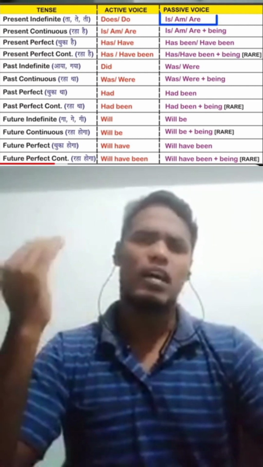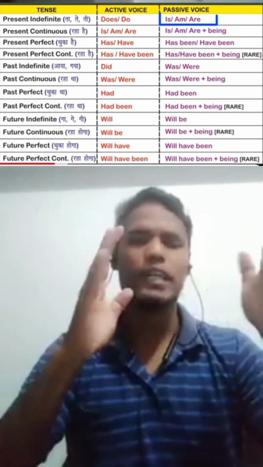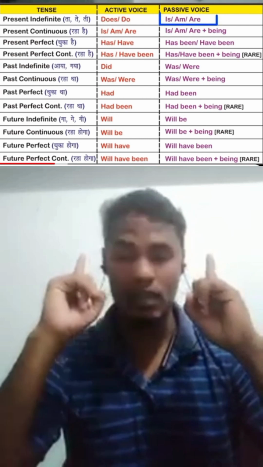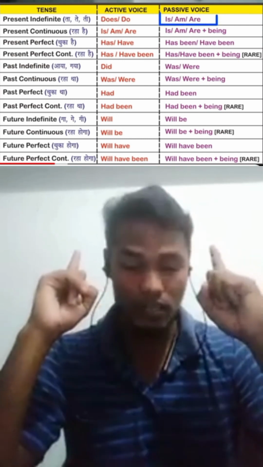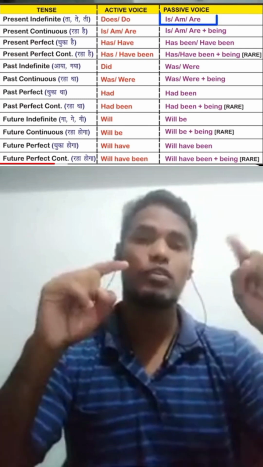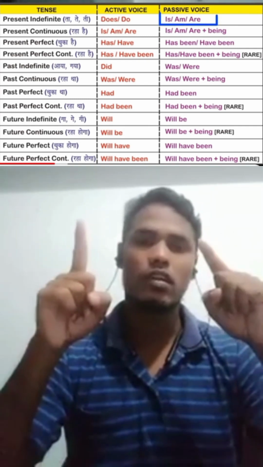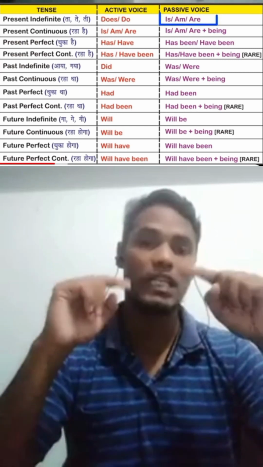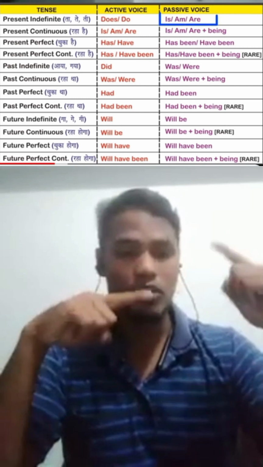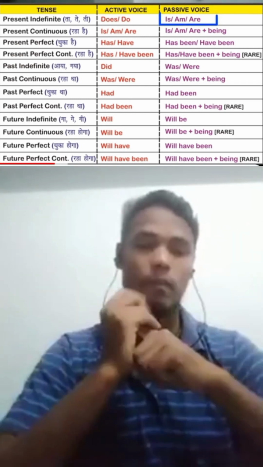Likewise, future tense also. Future indefinite we use will, and when we change that simple future active sentence into passive sentence, we use will be. Future continuous we use will be, and when we change this sentence into passive, we use will be plus being.